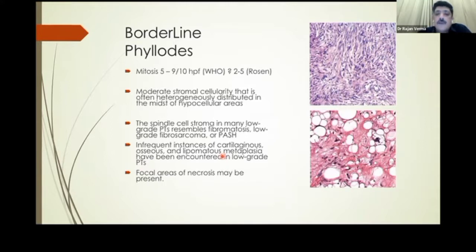And you can also have cartilaginous, osseous, and lipomatous metaplasia. You can have cells which look like lipoblasts in borderline phyllodes, but lacking the characteristics of a typical liposarcoma. Focal areas of necrosis may be present as compared to the benign phyllodes.